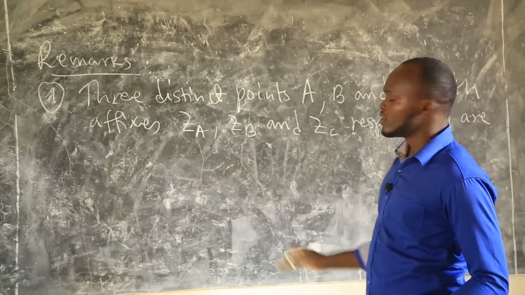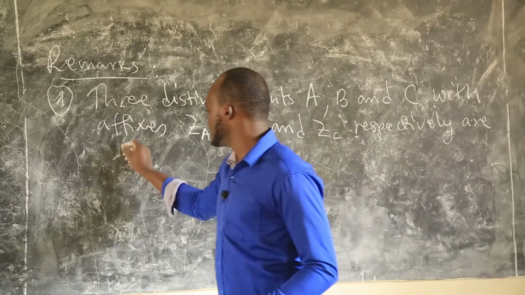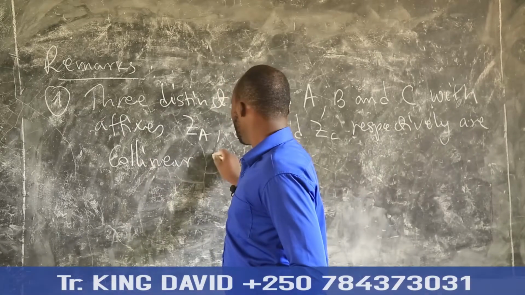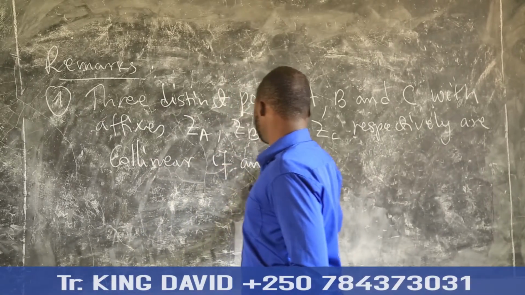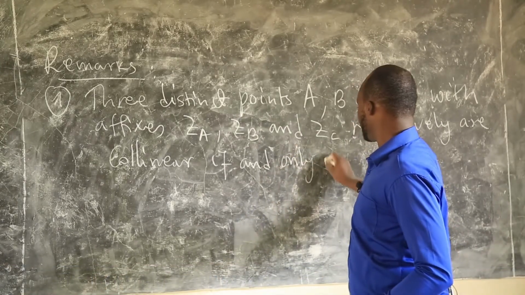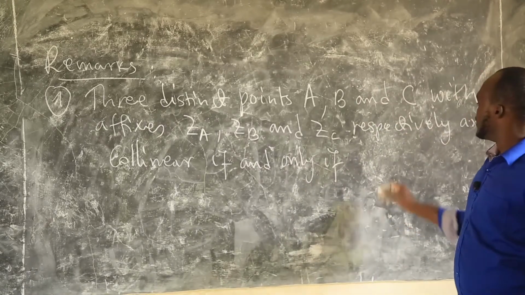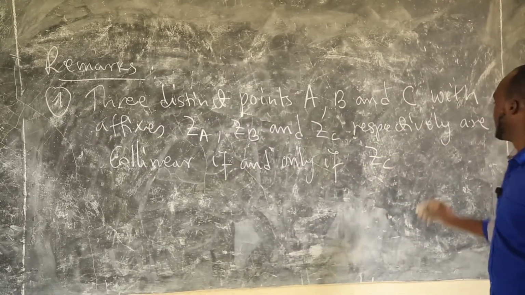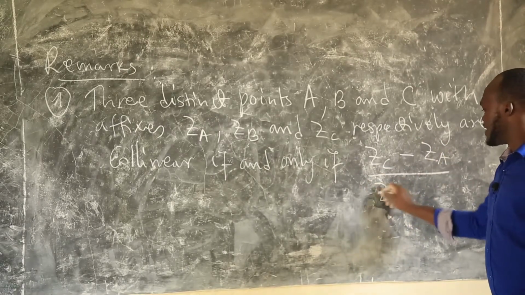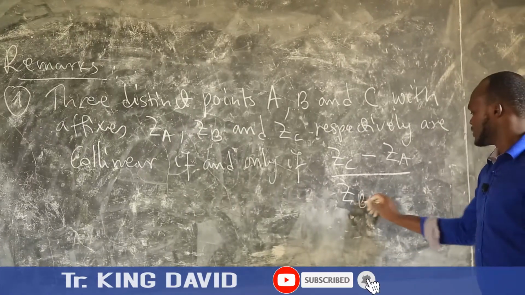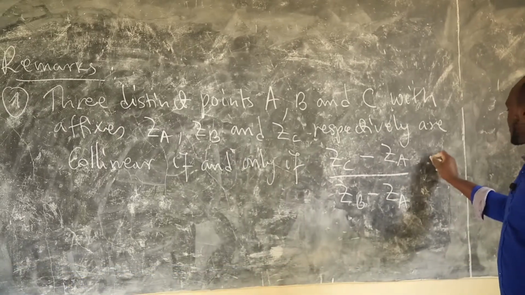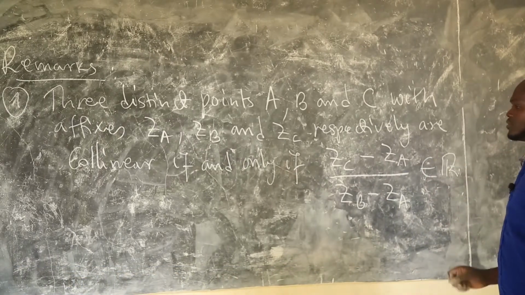Those points or those complex numbers are collinear if and only if (ZC minus ZA) divided by (ZB minus ZA) is a real number.